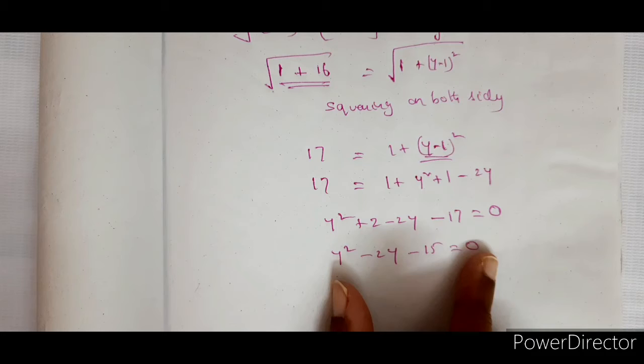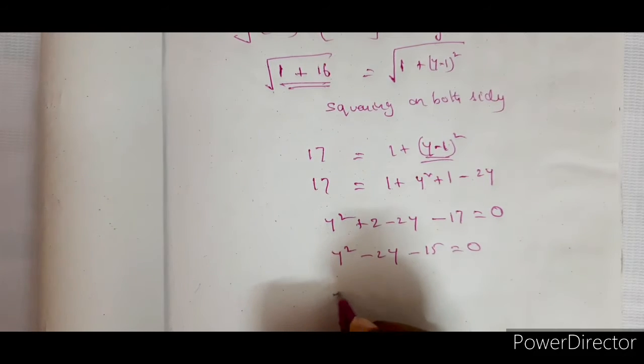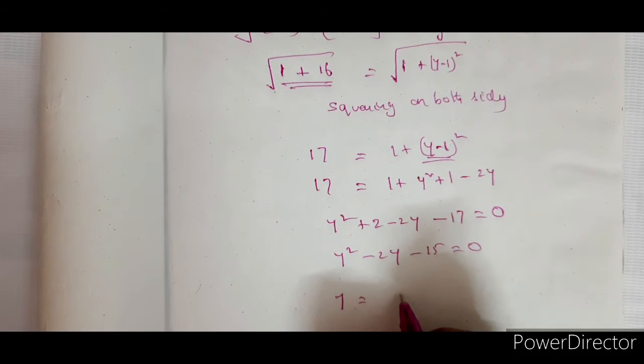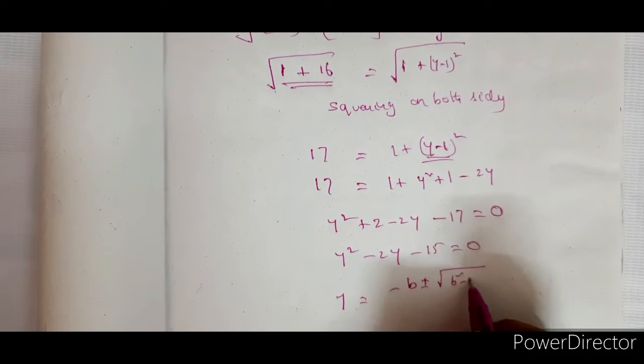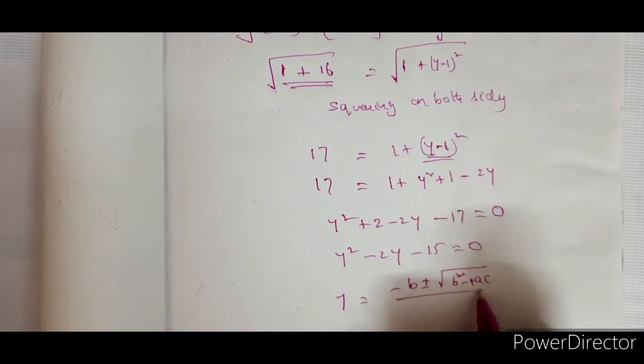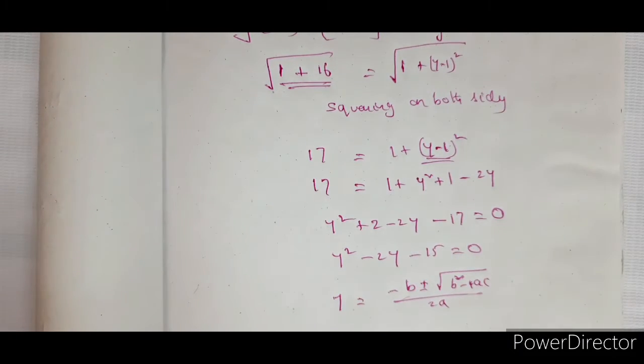You can solve this equation by using the quadratic formula. So y is equal to minus b plus or minus square root of b square minus 4ac, by 2a. Already we did quadratic equations.